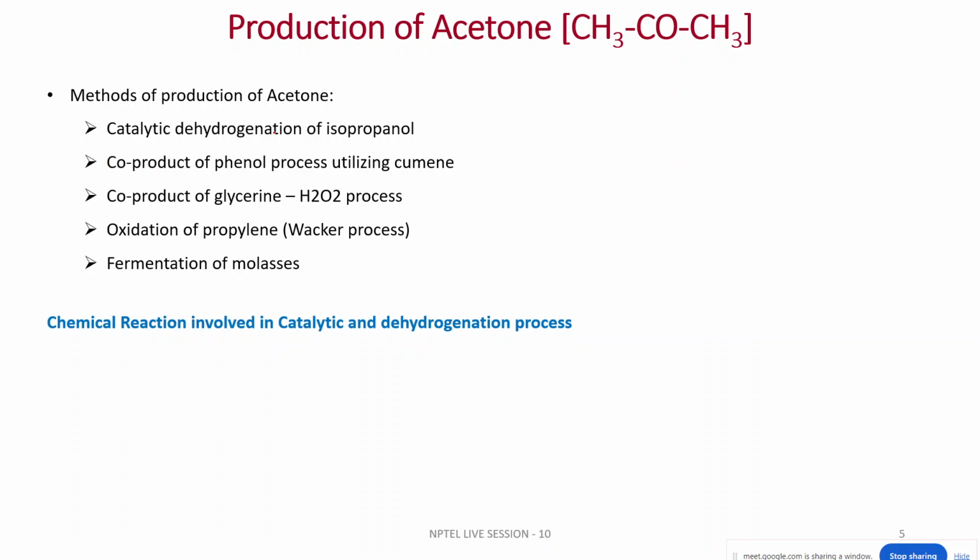in the chemical industry, there is a huge application of acetone. So, we will now be looking at what are the methods of production for acetone. The first method is catalytic dehydrogenation of isopropanol, or co-product of the phenol process utilizing cumene, co-product of the glycerin hydrogen peroxide process, oxidation of propylene, which is known as the Wacker process.